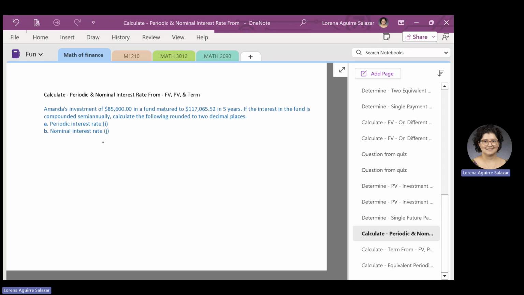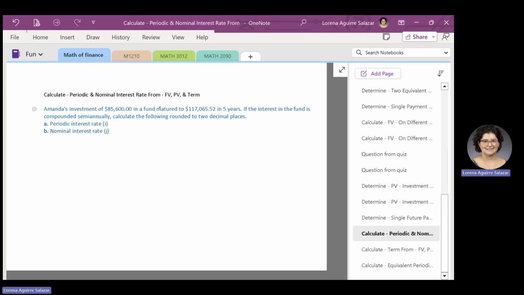To work with this problem, we need to understand various variables involved in it. We have that Amanda invested a certain amount of money in a fund, and then that money matured to another sum.